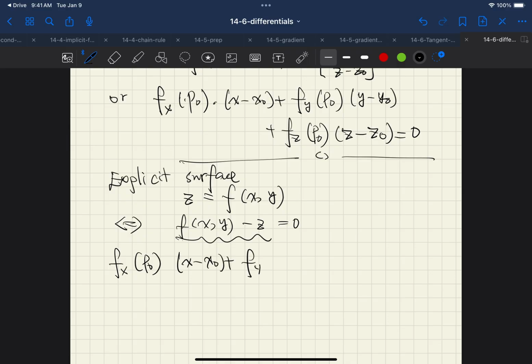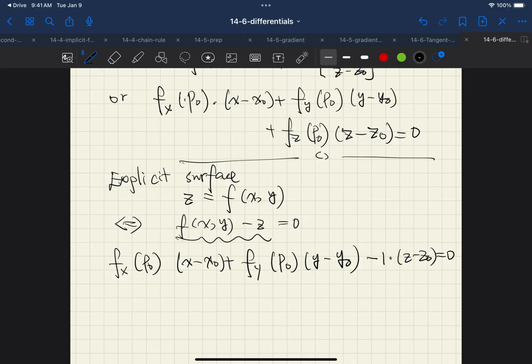The same reason we do fy at P0 times (y minus y0). Now if I take the derivative with respect to z, there's nothing related to z in f, so that derivative is 0, and negative z means negative 1 after the derivative. So negative 1 times (z minus z0) equals 0.